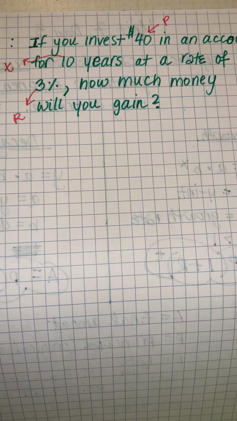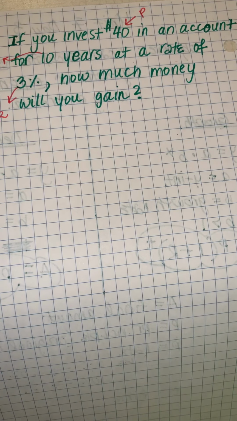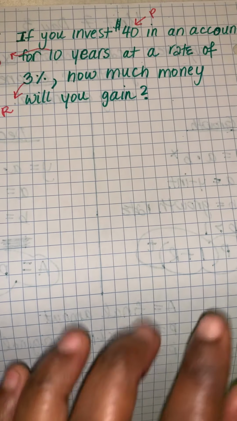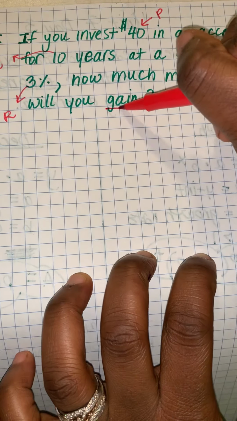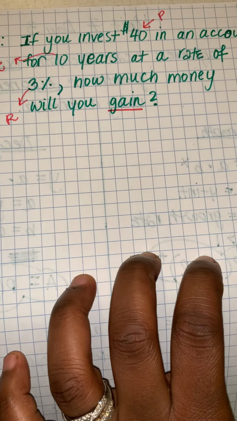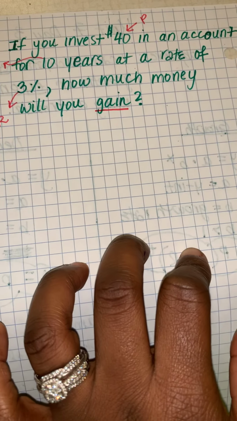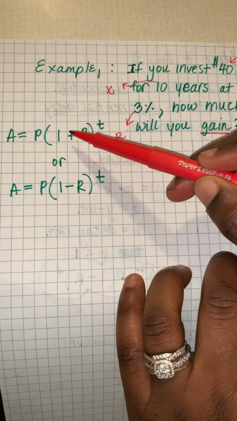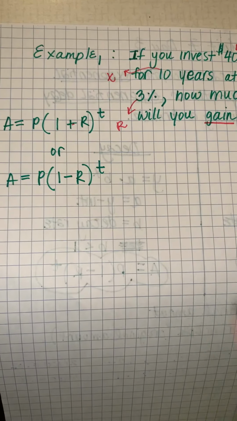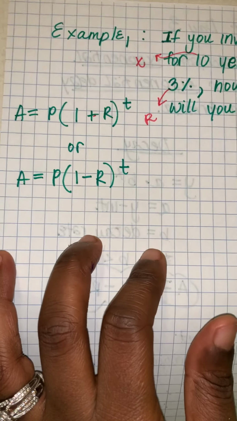If you look at the very end, it says, how much money will you gain? Gaining something means you're not going to start off with what you had before, you're going to gain more money, so it's going to increase. So this has to be the one with the plus sign, because that's our increase or growth rate. So we're going to use this formula right here.